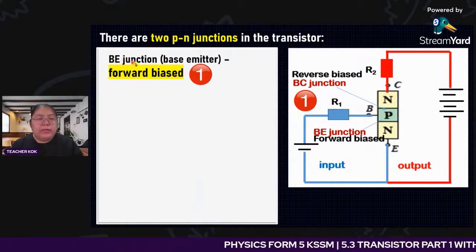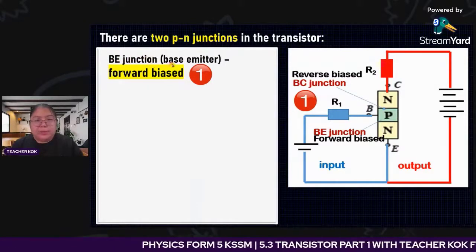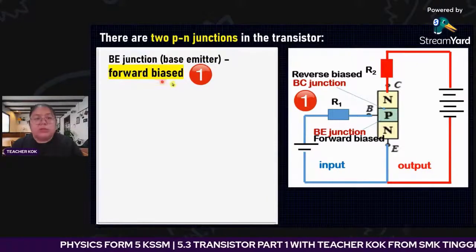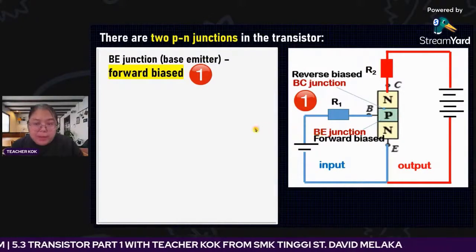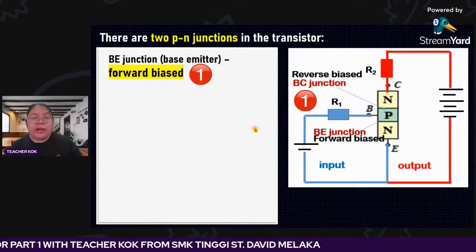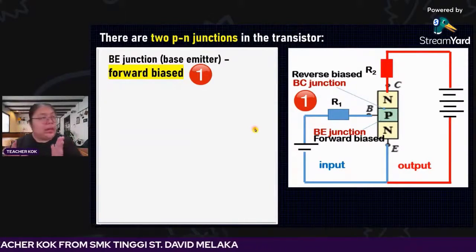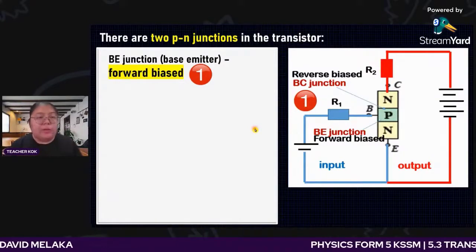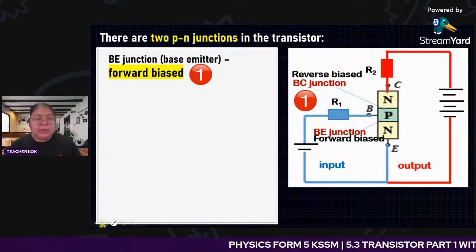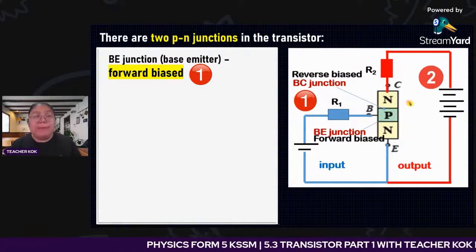BE junction means the base and emitter. So this one is a forward bias. Understand forward bias? Forward bias means the current can go through, then the PN junction becomes narrow, then after that the electron and the hole can move. That one we call forward bias. Let's see here, this one is number 2.